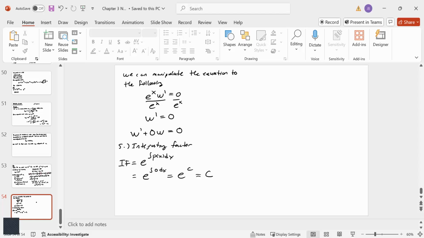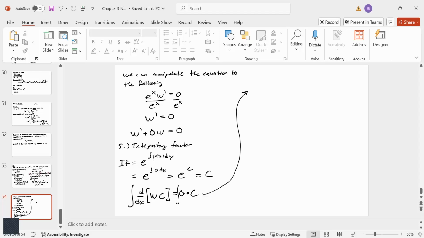Well, again, if you remember integrating factor, then we can just rewrite this as d over dx times w times our integrating factor equals 0 times our integrating factor. And then we can integrate both sides.